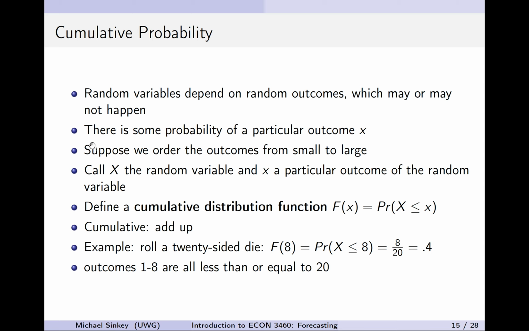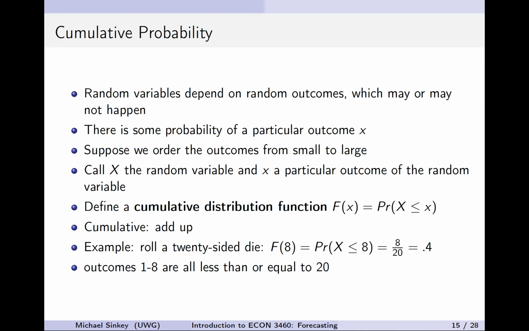So if I flip a coin and assign 1 to heads, 2 to tails to make it into a random variable, to make it numeric, 1 is small x. The 1-2 set, the coin, is large X. So think about a 20-sided die.